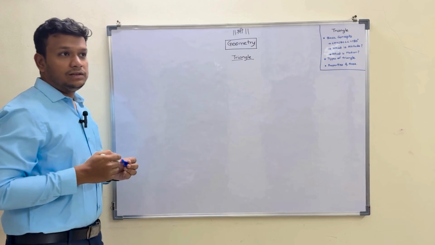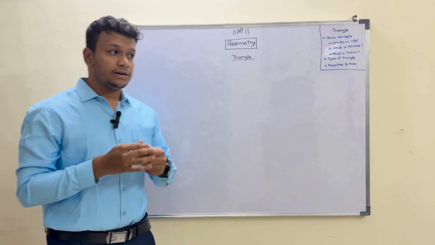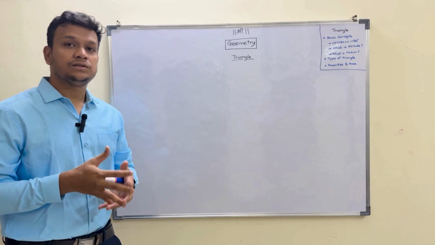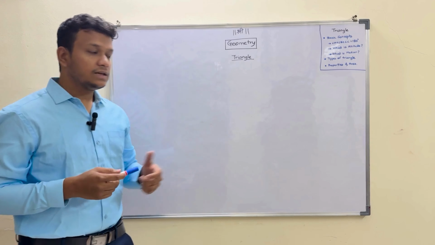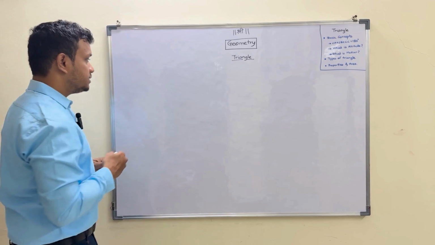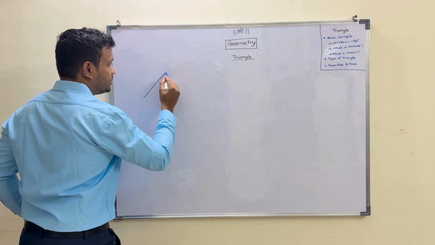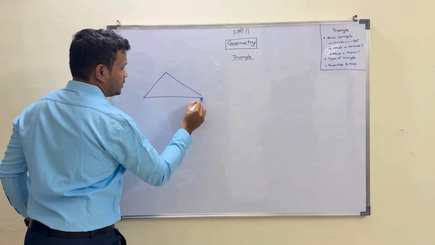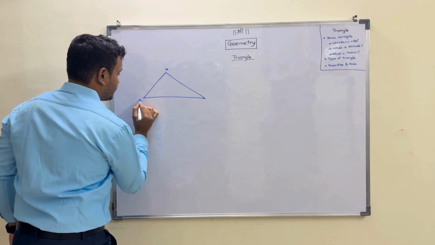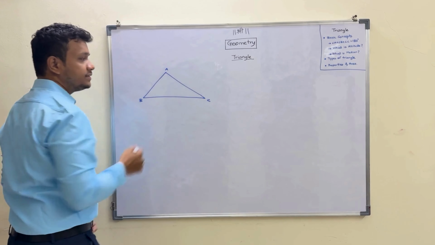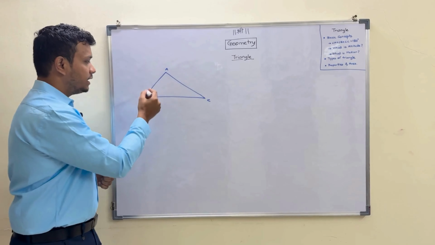So first maybe I'll start with definition of triangle. What is triangle? So triangle is a two-dimensional shape which has three vertices, three sides, and three angles. So in this case, if I draw a triangle, it should be like this. So this is a triangle ABC. So it has three sides, three vertices, and three angles.